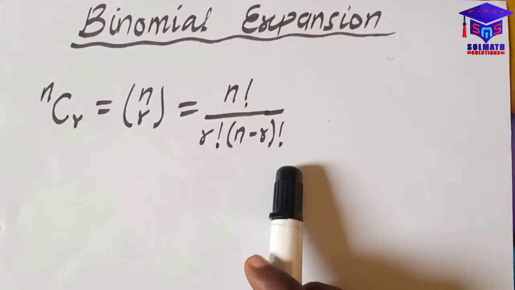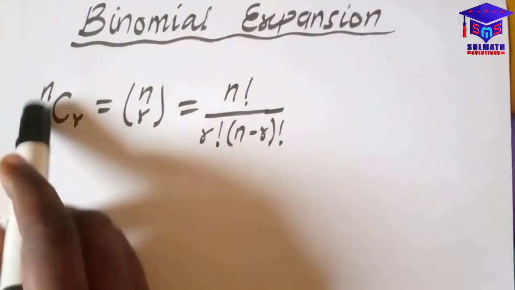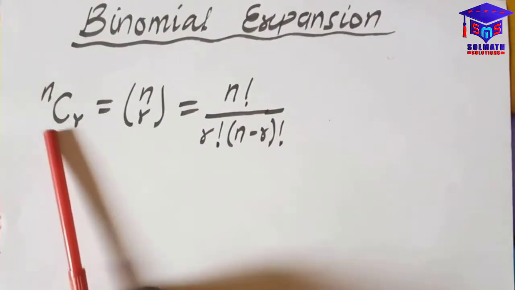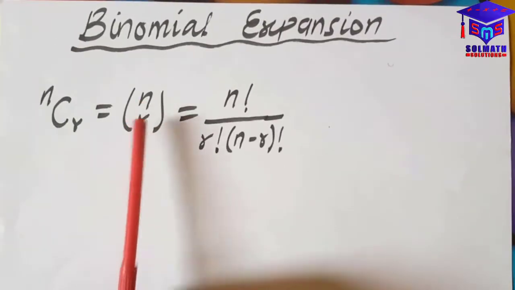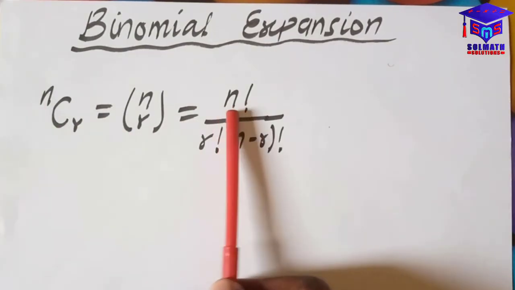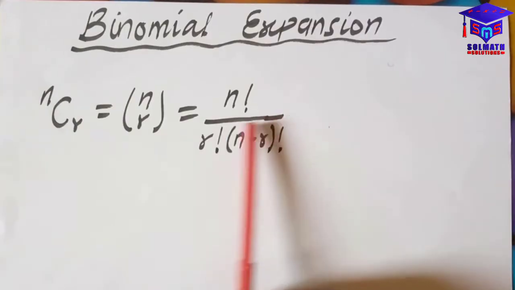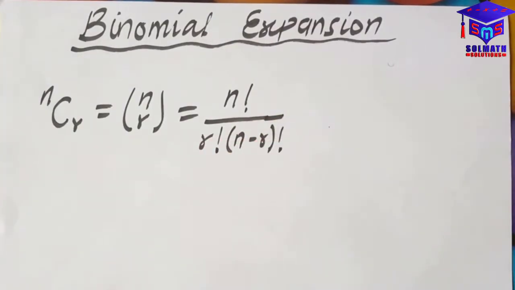So now let me explain this combination. This is n combination r, which can be written like this. If you have n combination r, we say that it's equal to n factorial over r factorial times n minus r factorial.